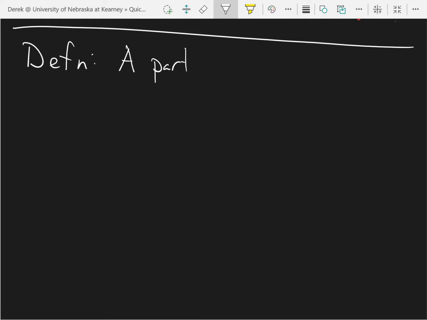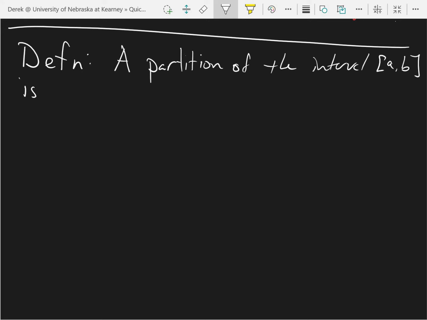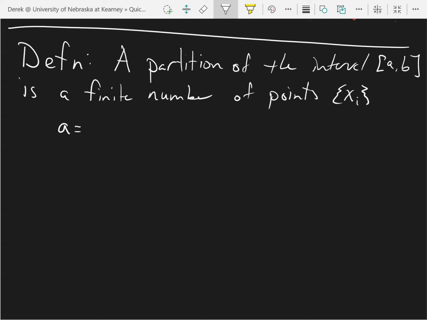A partition of the interval AB is a finite number of points xi from i equals 0 to n, where a equals x0, which is strictly less than x1, which is strictly less than x2, and so on, strictly less than xn minus 1, strictly less than xn, and xn is equal to b.